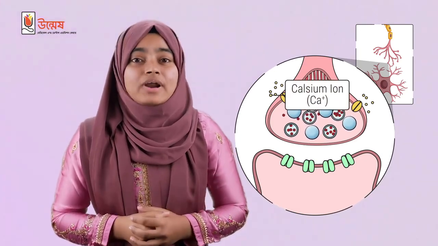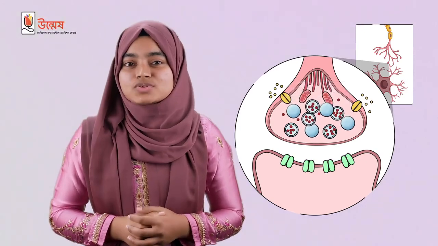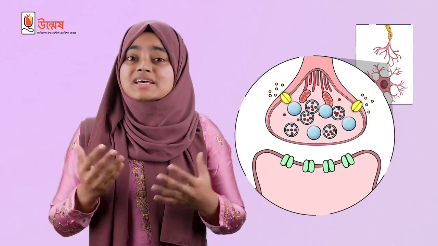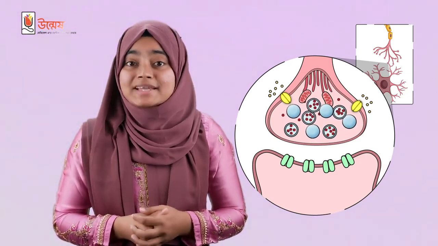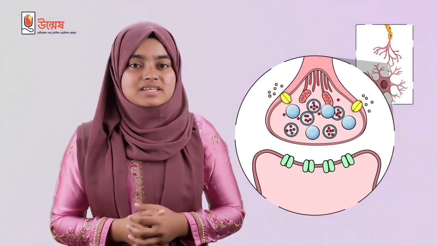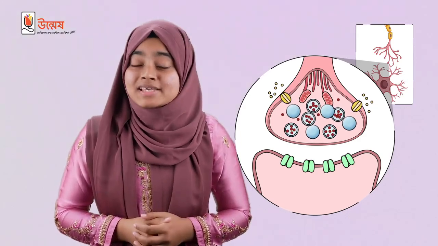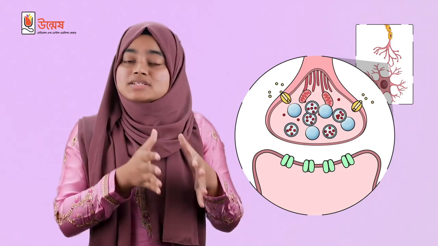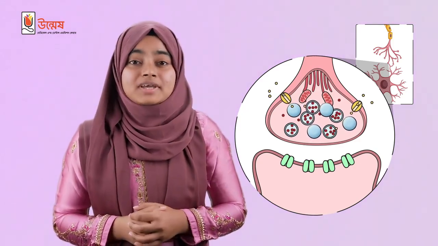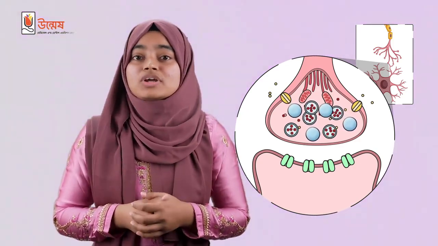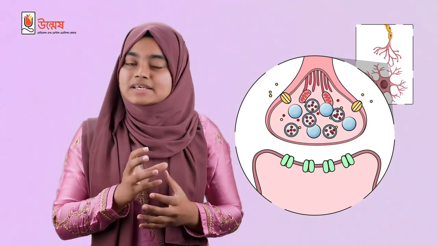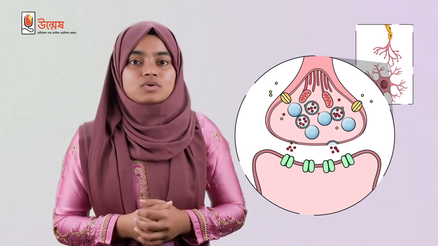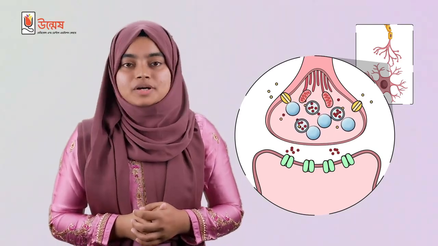When impulse or action potential reaches the axon terminals of presynaptic neuron, some transmembrane proteins present in the axolemma, which act as channel or gateway for calcium ions, open up. And as a result, from the extracellular fluid, calcium ions will enter into the axon terminal. Then these calcium ions will cause fusion of synaptic vesicles to the membrane of axon terminal, and release of acetylcholine into the synaptic cleft will occur.